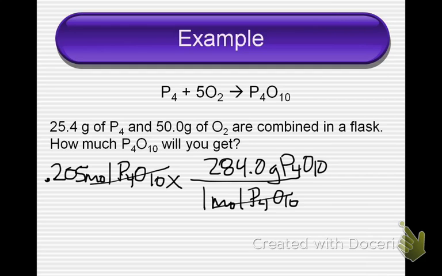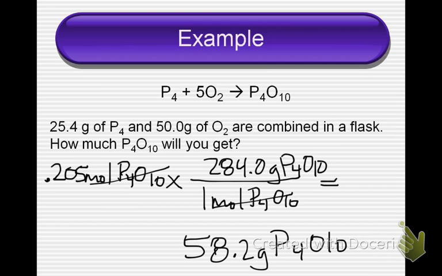Those two cancel each other out, and so when we solve that, we would see that we would form 58.2 grams of P4O10. So that then would be our theoretical yield of P4O10. With those two ingredients, we're going to have extra oxygen, and we'll produce, in the end, 58.2 grams.